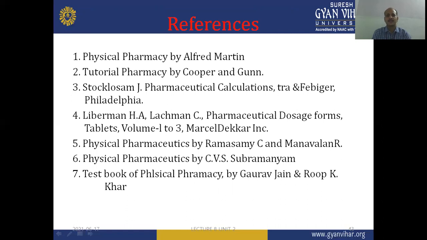We also discussed association, and the different solubility parameters, such as the Hildebrand solubility parameter. And lastly, we gave examples of the relationship between pH, pK and ionization of different drugs. You can go through these references and read more material regarding today's topic.